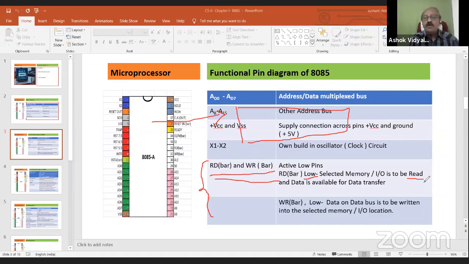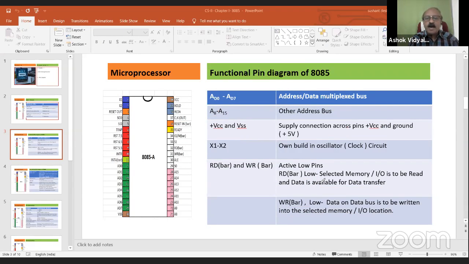And when we want to read the memory, the data is available for the data transfer, for the reading. And when it is WR bar, WR means write. So when this WR bar is low, the data on the data bus is to be written into the selected memory location.